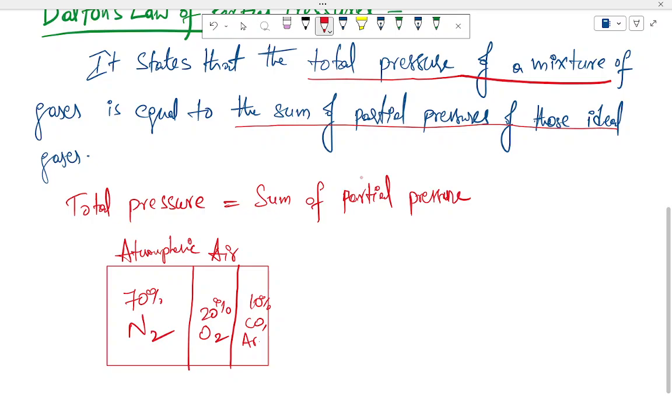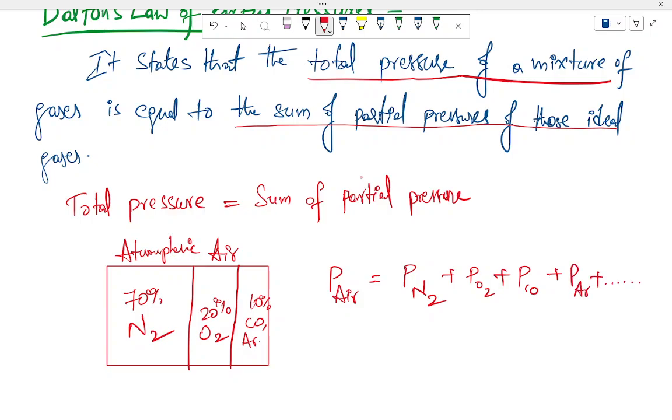If I want to calculate the pressure of atmospheric air, I will take the pressure of individual elements, that is pressure of N2 plus pressure of O2 plus pressure of CO plus pressure of argon plus pressure of the other elements.